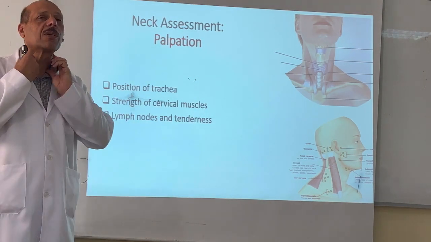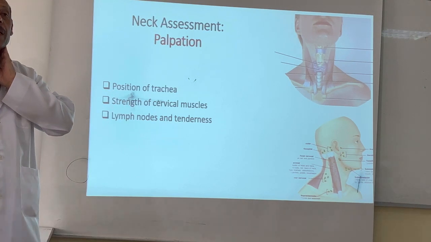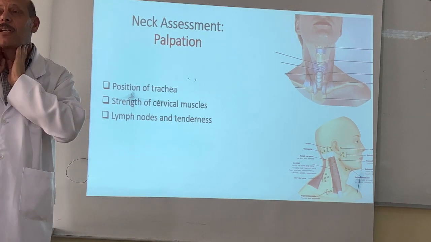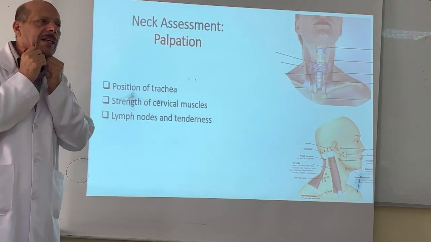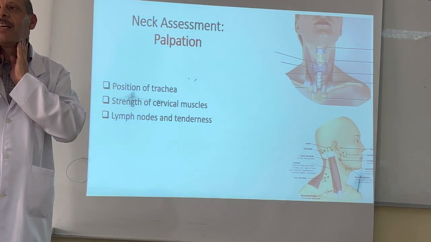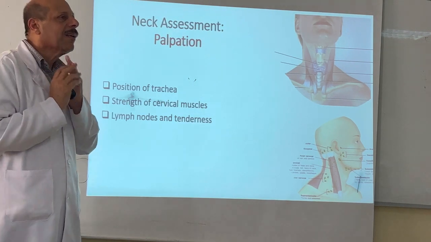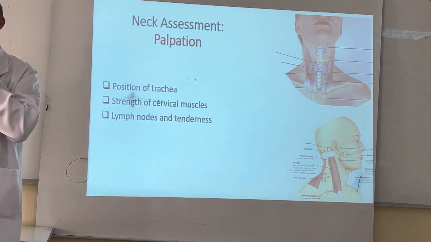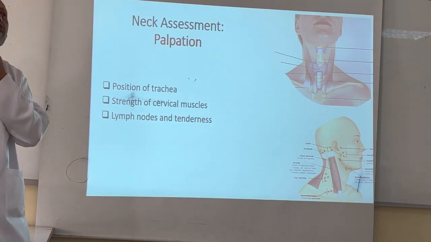Lymph nodes also: the lymph nodes will not be prominent usually, but in case of lymphatic disease, you might feel them. Mostly in case of tonsillitis, you will feel that the lymph node here is enlarged. There are many lymph nodes, also at the salivary gland here under the tongue.